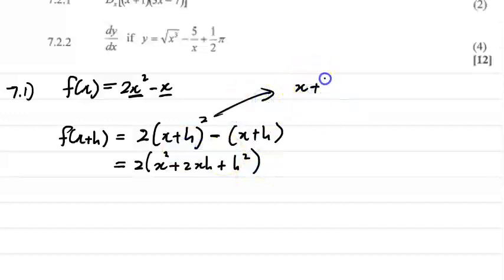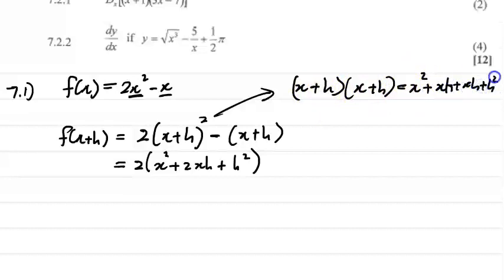You can work it like this: x plus h times x plus h is equal to x times x is x squared, plus x times h is xh, plus xh, plus h squared, which is going to equal x squared plus 2xh plus h squared. Or you can use the rule: square the first term, double the product of the two terms, and square the last term. And you'll end up with this. Alternatively, you're going to be working with this so often, you'll probably memorize it.